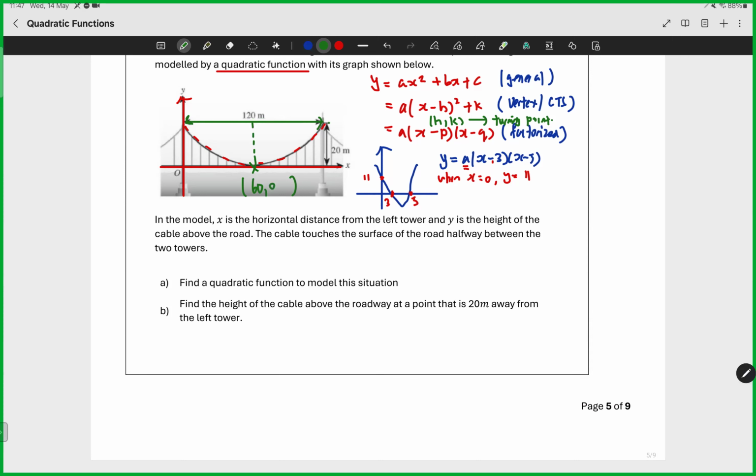Okay, so if the turning point is 60 and 0, we actually got the vertex, which means that we completed 2 out of 3 of the unknowns in our vertex form already.